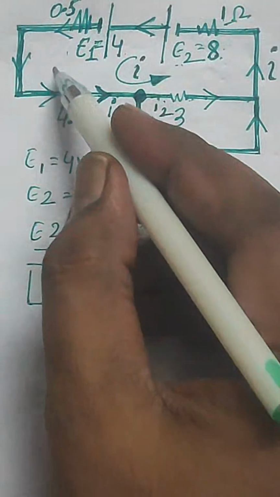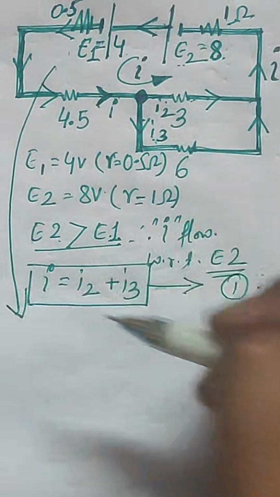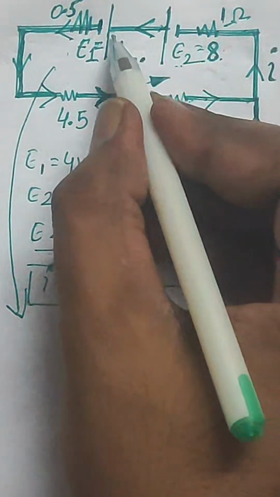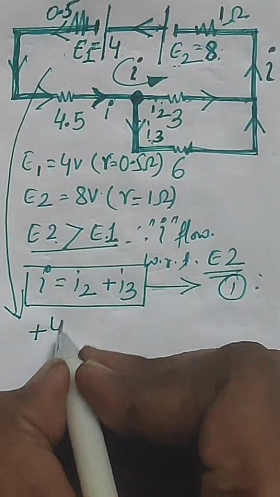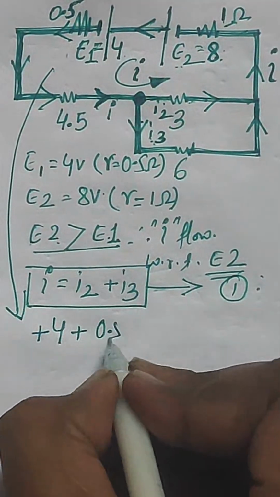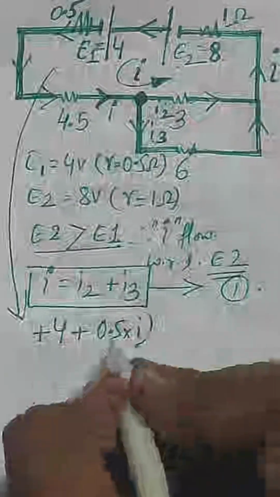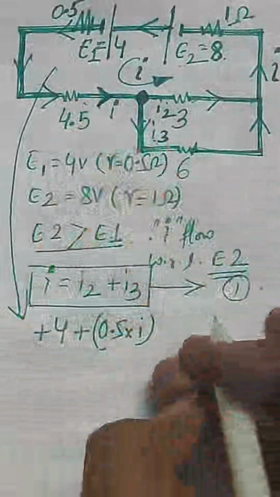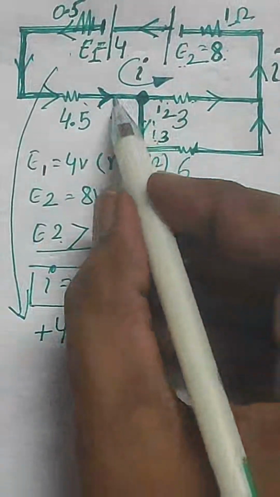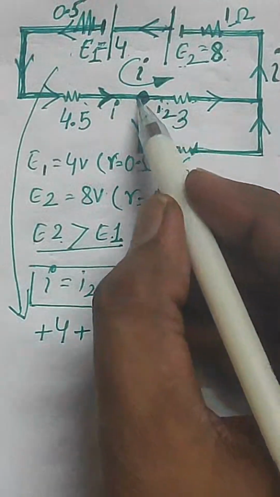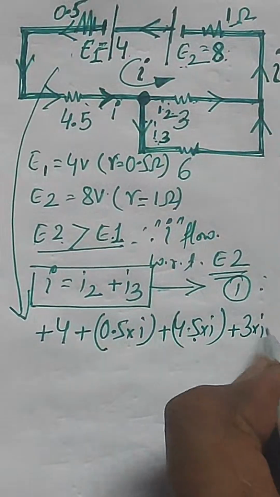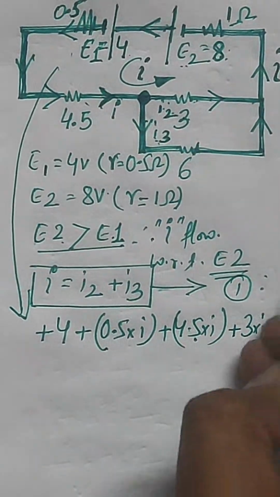Now from the main circuit, apply KVL over here. Starting from here, the first term is plus 4 volt, then 0.5 ohm into I, then 4.5 into I. Then I2 is coming, so plus 3 into I2.